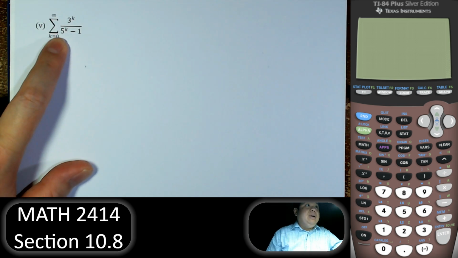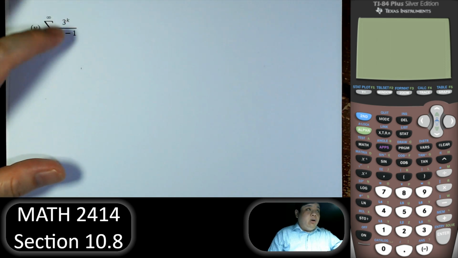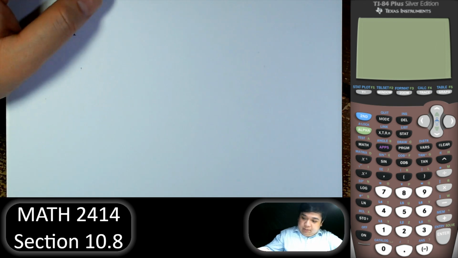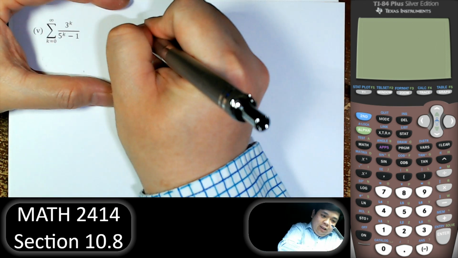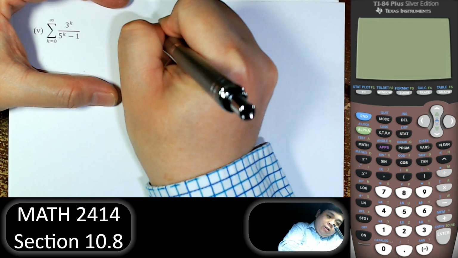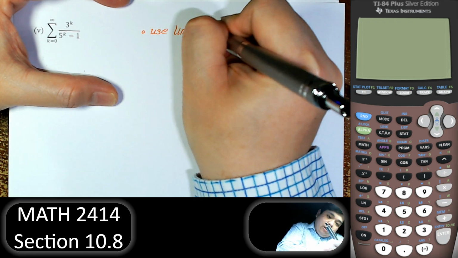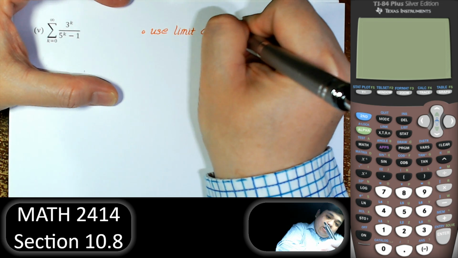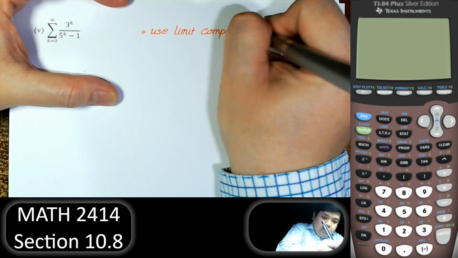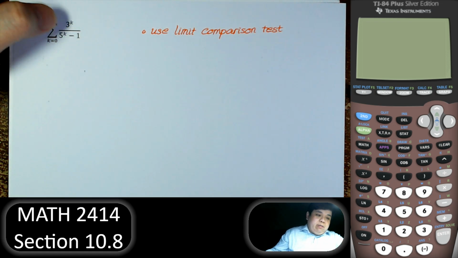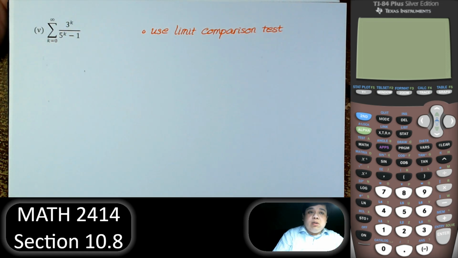All right, limit comparison test. Why? Because more than one term at the bottom or the top. So use limit comparison test, because we have more than one term at the bottom or the top.